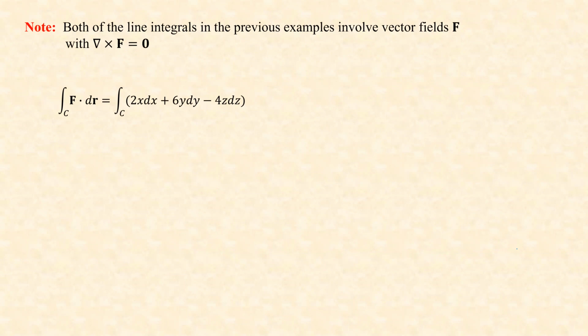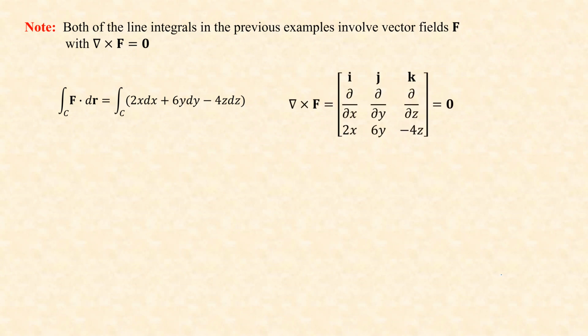We said that the integral of F dot dr is 2x dx, 6y dy, and negative 4z dz. And look at the curl of F. F has these three components, f1, f2, and f3. So the curl of F will be the determinant with i, j, k, the partial derivatives, and 2x, 6y, and negative 4z.